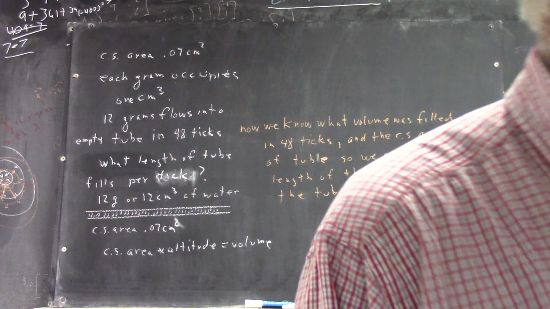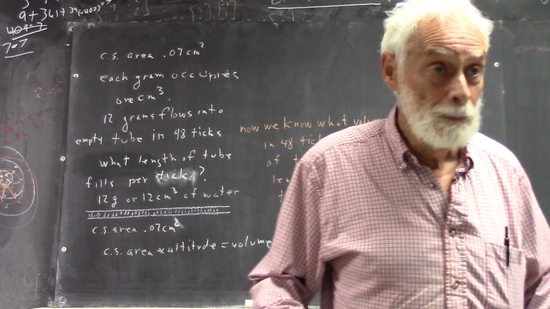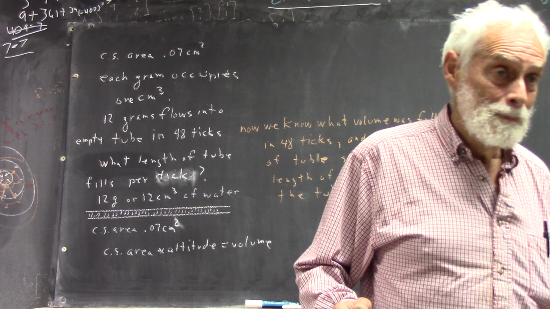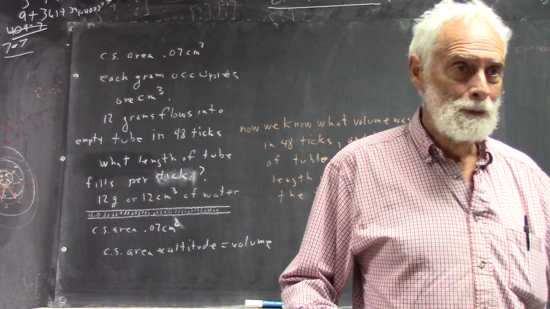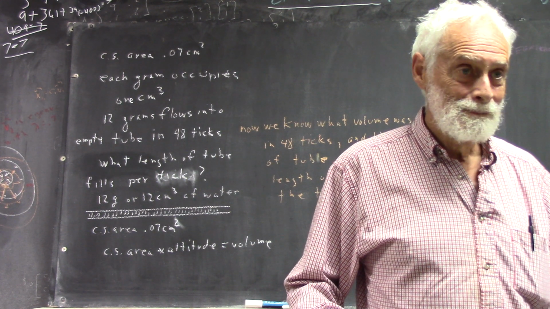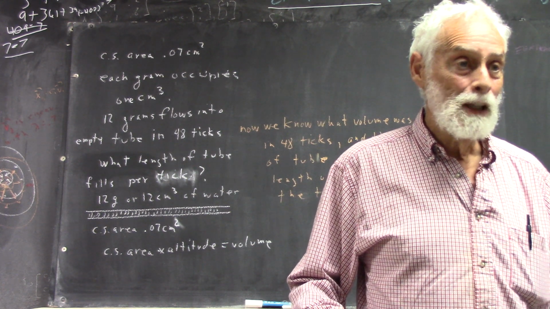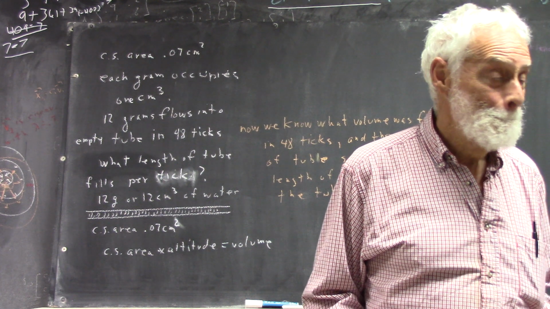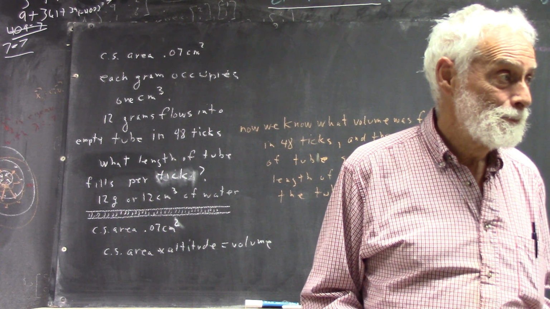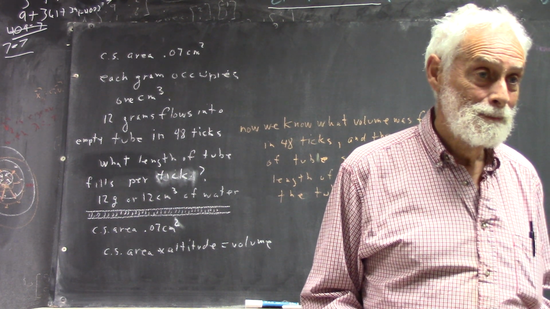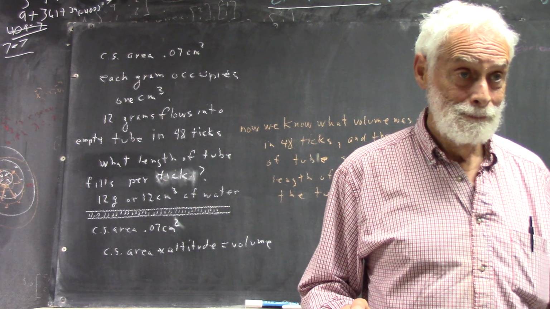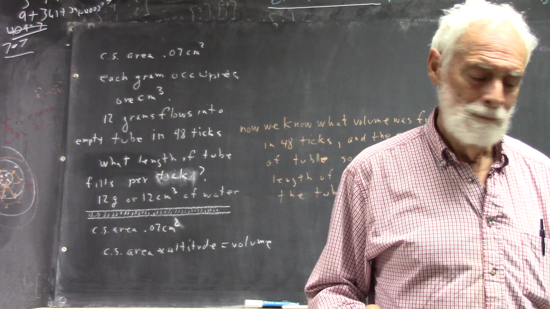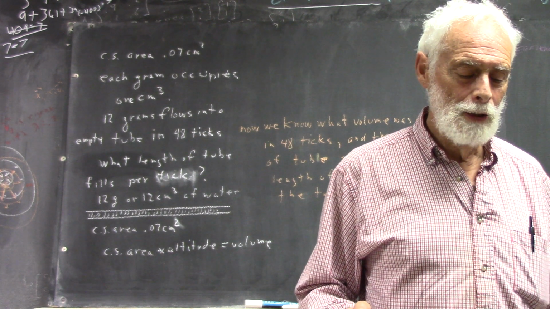So if we know the length of the tube that's been filled, how do we find how fast the water moves in that tube? In other words, how far it goes per tick. Well, how far did it go? 12 cubic centimeters. 12 grams is not a measure of how far.